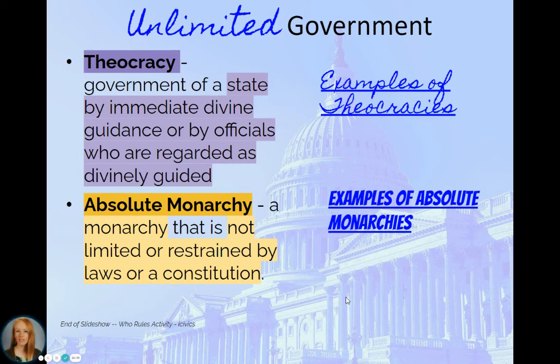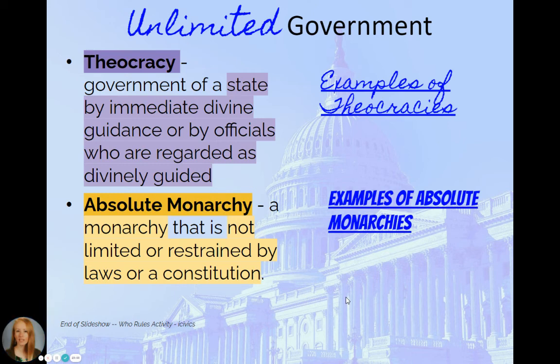Whereas an absolute monarchy is a monarchy that is not limited or restrained by the laws of a constitution. Someone that refers to themselves as a king or an emperor, something of that sort, is an example of an autocracy, where they are a singular person in control of everything, and they do not have to bend to the will of the people.